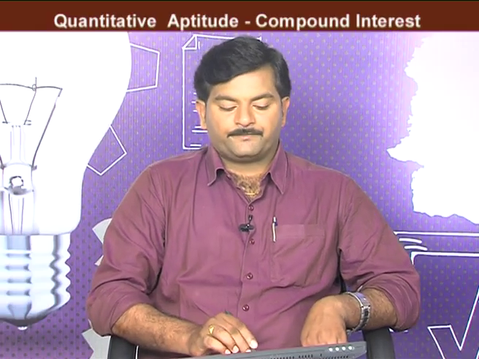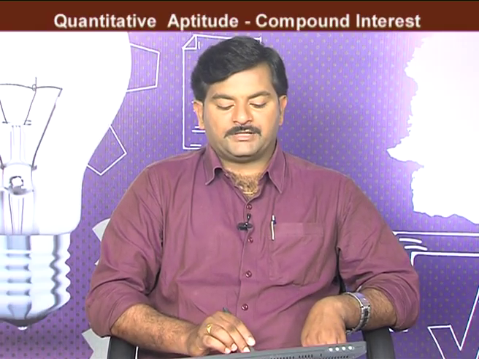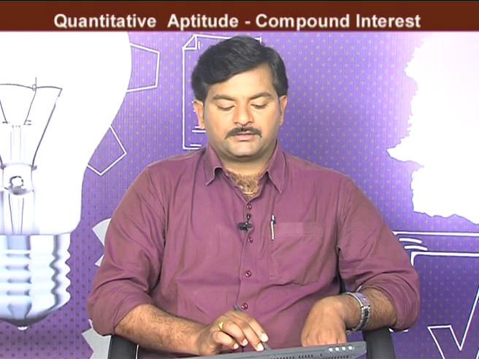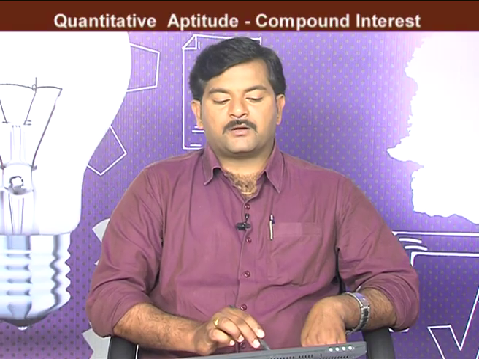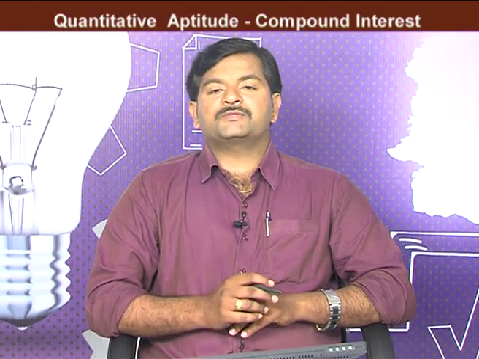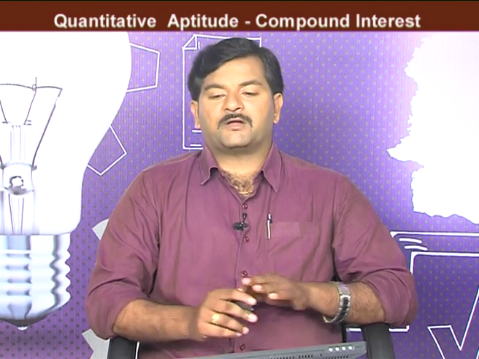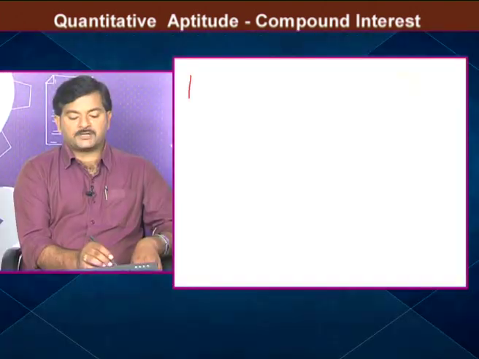In previous sessions, we have seen the concept of simple interest. Now compound interest. For these questions, there is a concept of both simple interest as well as compound interest. Before explaining this question, there is a small shortcut formula.